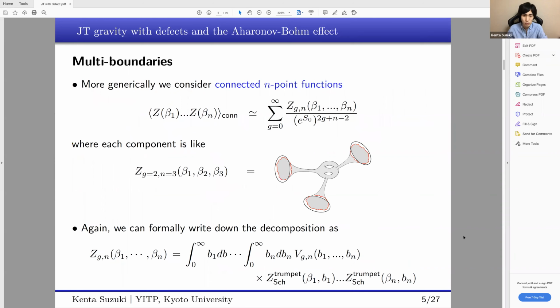And generically, we can also consider n boundary cases. So we call such a contribution the n-point function of a partition function. So formally, we write down, of course, we are interested in connected pieces, because disconnected pieces can be constructed by just connected contributions.